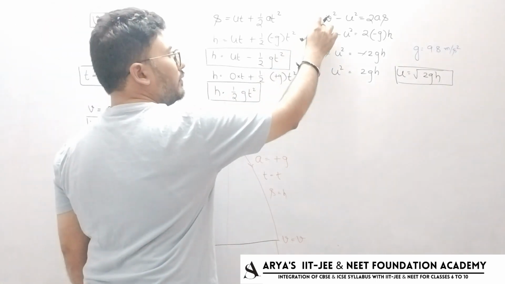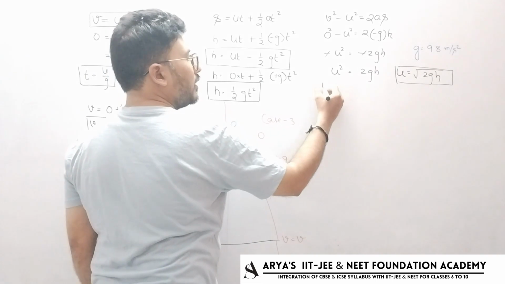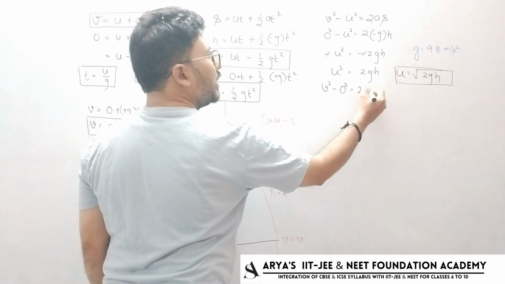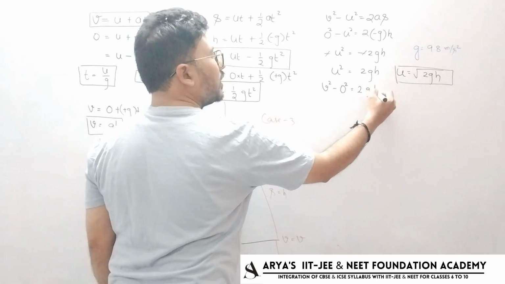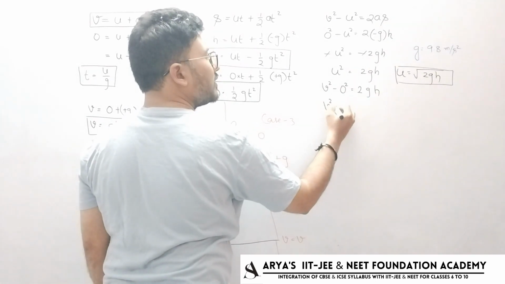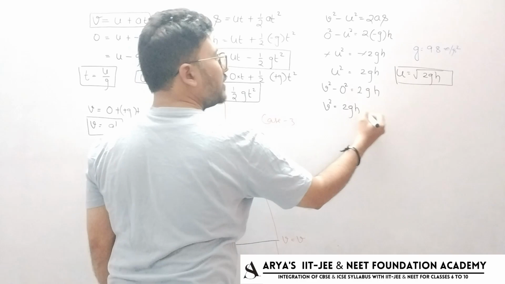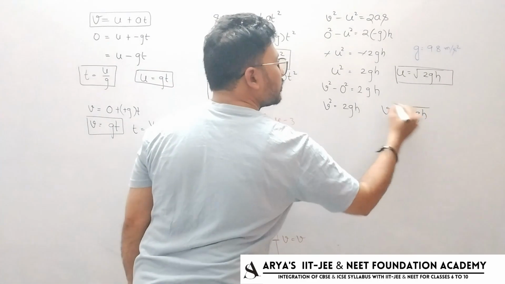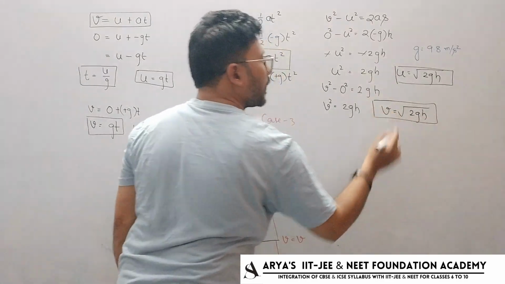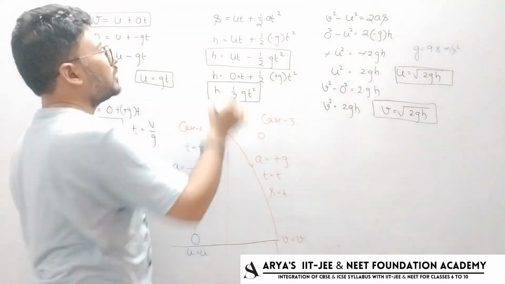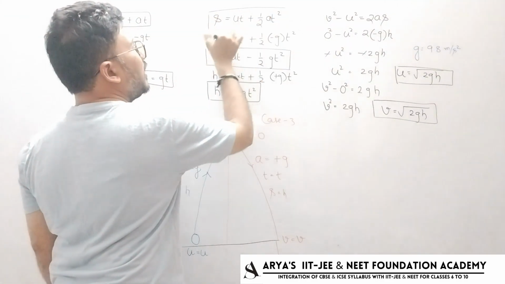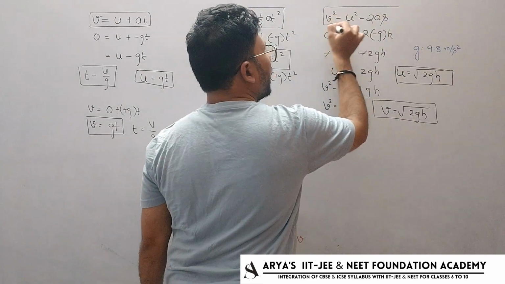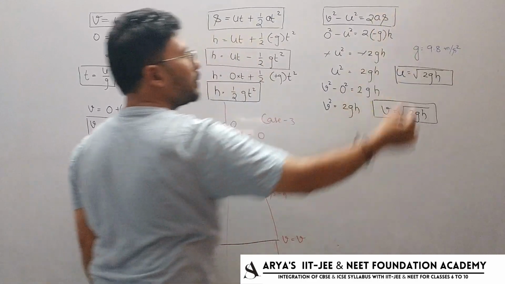Now V square minus 0 square is equal to 2 G H. V square is equal to 2GH. V is equal to root of 2GH. Did you get it? So formulas which are in the box are important, which we are going to use for solving numerical problems.